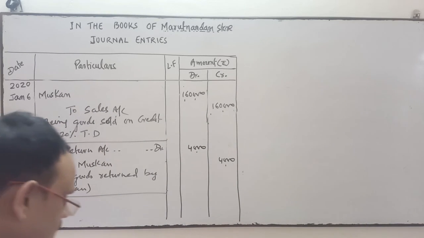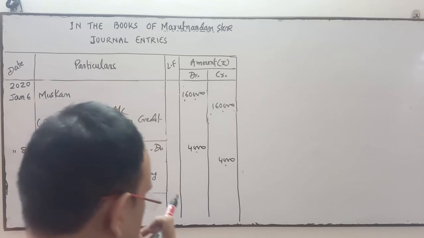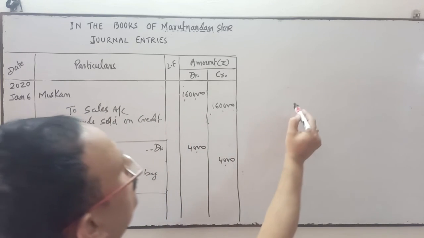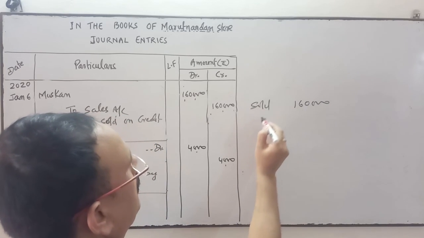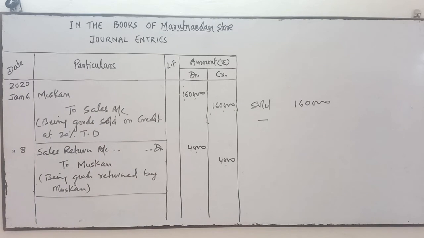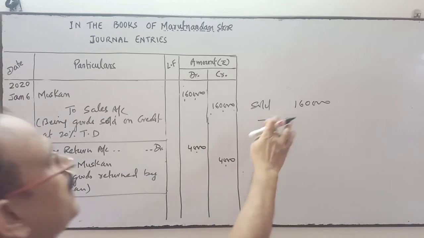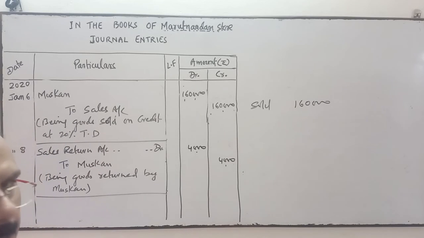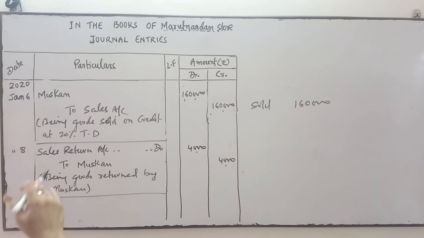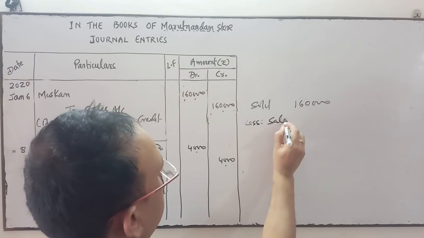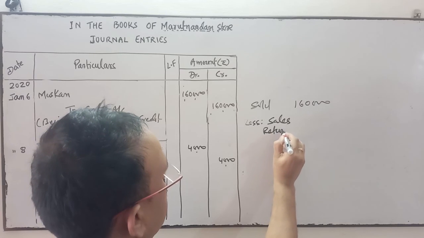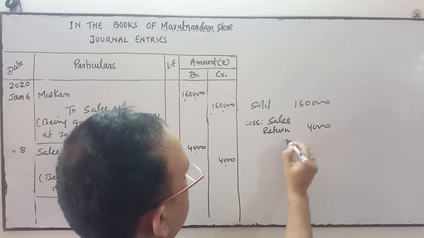The next entry is received from Muskan in full settlement. So we have sold goods to Muskan for 1,60,000, the amount after deduction of the trade discount, and thereafter Muskan has returned goods, sales return, of rupees 4,000.